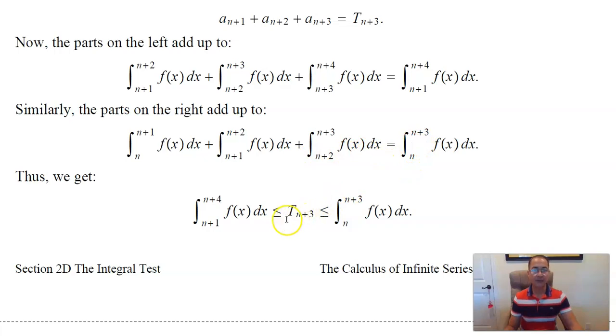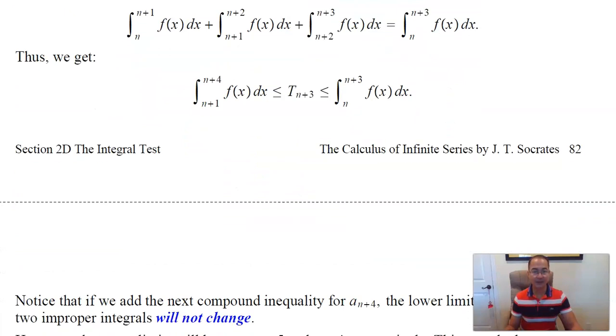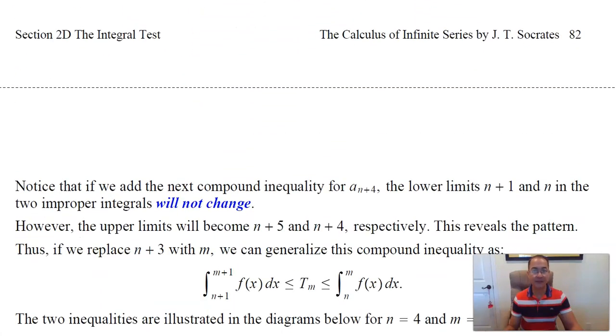So therefore, t_{n+3}, adding a_{n+1}, a_{n+2}, and a_{n+3}, is between the integral of the function from n+1 to n+4 and from n to n+3. So now we can go to infinity. Are we ready to go to infinity?